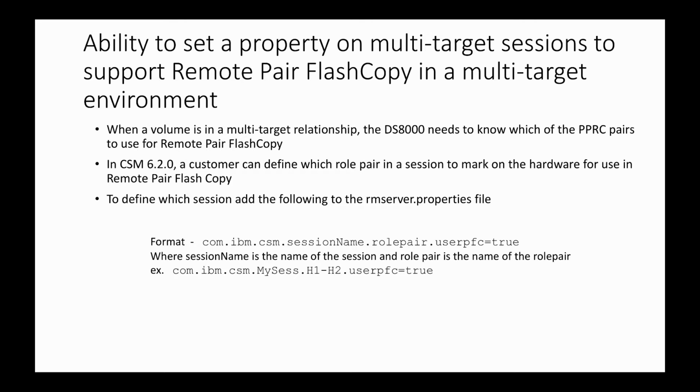Well, CSM, although we supported multi-target, didn't have a way to define which of the pairs to use. So what we did was add in a property that you can specify in the server.properties file, that if you define the session name and role pair during the establish, right after we establish the pair, we will call the set PPRC characteristics command on those pairs for the role pair, so that it tells the DS8000 these pairs are the ones that should be used for any Remote Pair FlashCopy relationships.